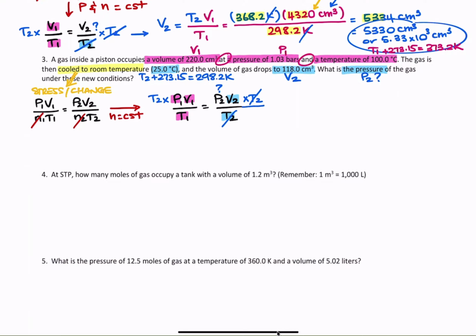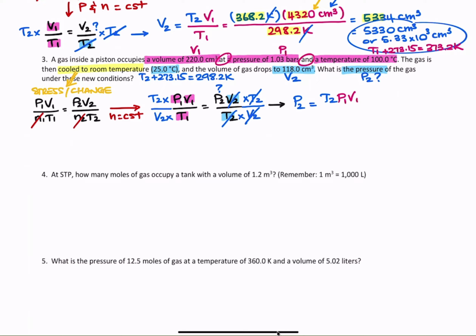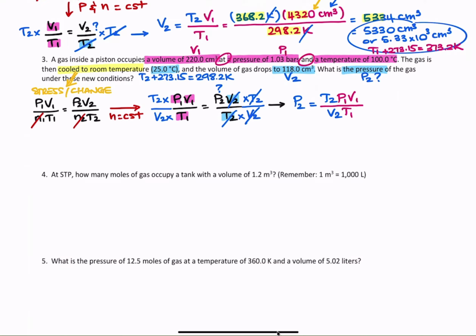And then we have to divide by V2 on both sides. So V2 cancels, and we end up with the new equation that is P2 equal T2 P1 V1 over T1 times V2.